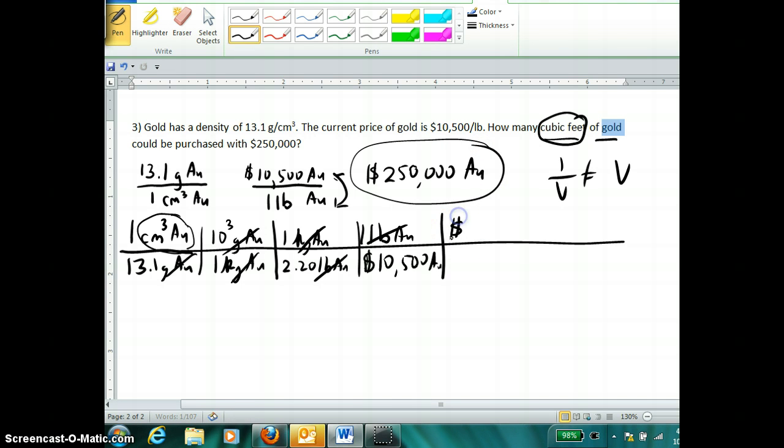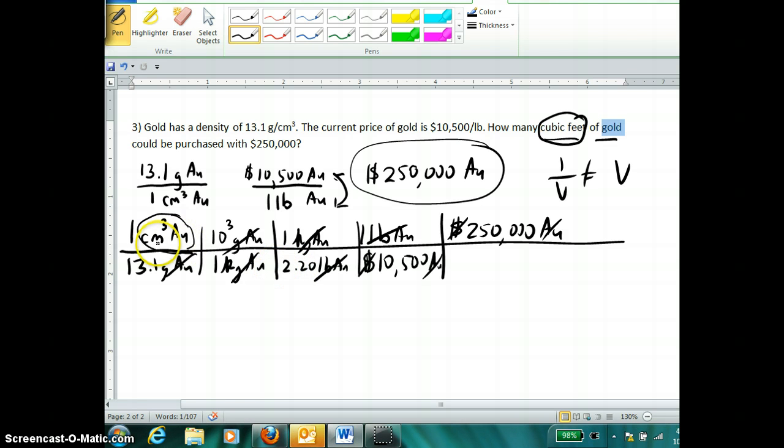And if I were to multiply by that value, then the units and the labels both cancel, and the only remaining units and label are volume units for gold. And so I've completed step 4. I've isolated the quantity that I wanted and started with, and there are no other quantities.